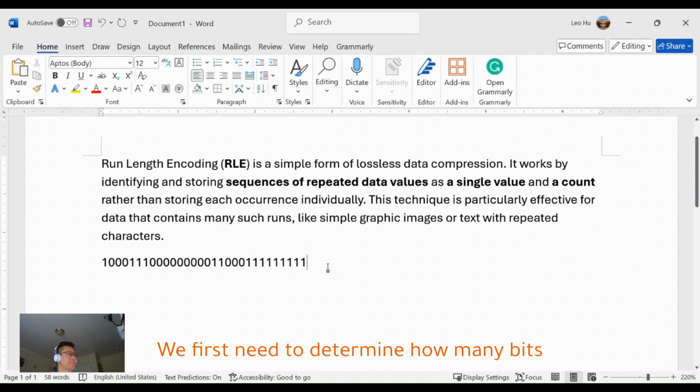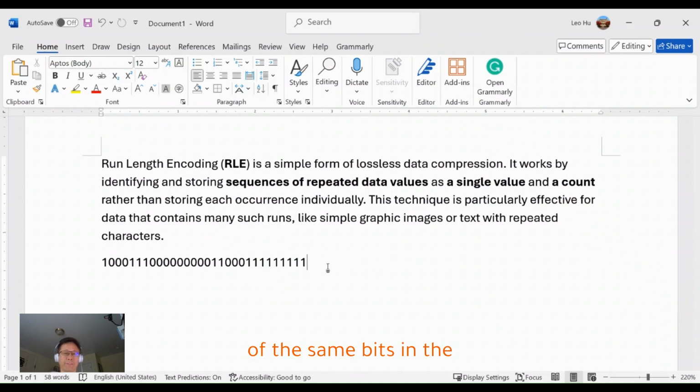Now, we first need to determine how many bits we need to use to represent a run, or a group of the same bits in the data. Suppose, as in our assignment, we will use 3 bits to represent the length of a group, or number of bits in a group.